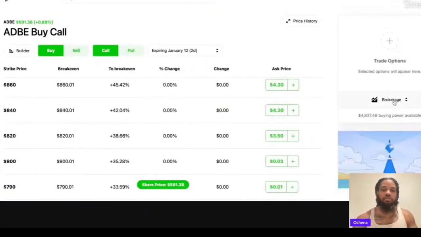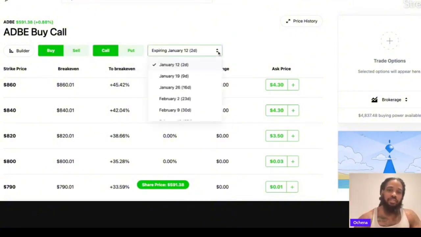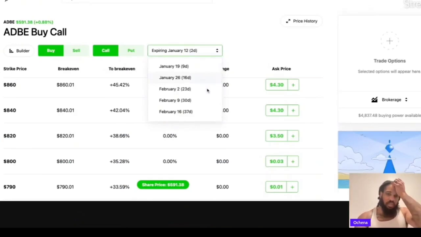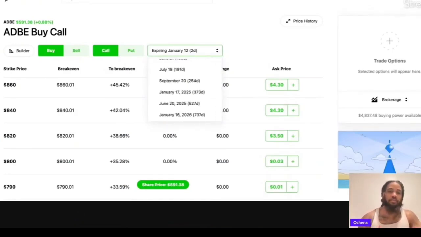After I acquired all that information about support and resistance, I pretty much came up to the option and said I wanted to buy a call option because I'm betting that the stock is going to go up. Then I chose an expiration date. I wanted to choose an expiration date a little bit further out, from about 6 months to about 2 years out.